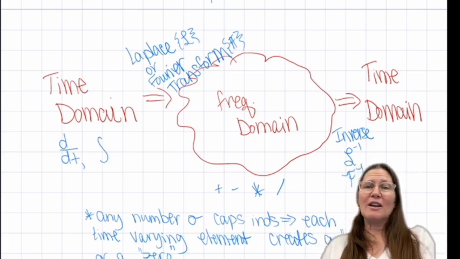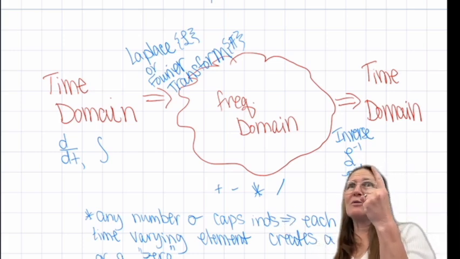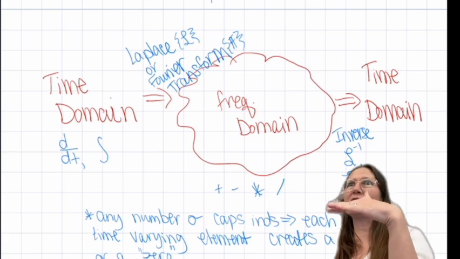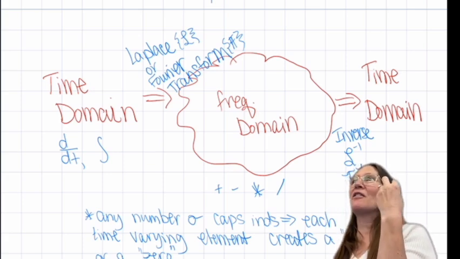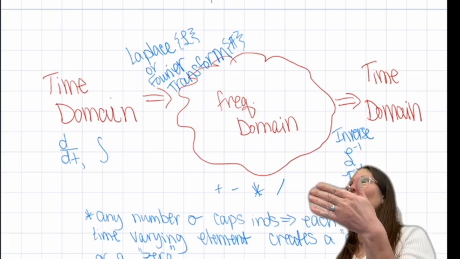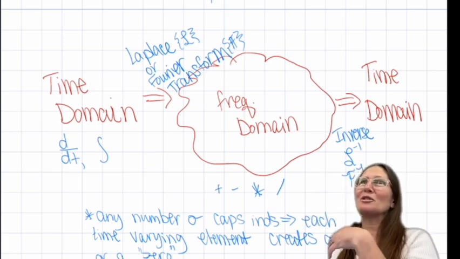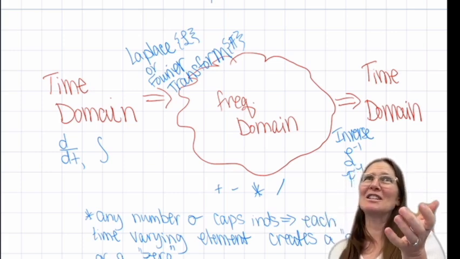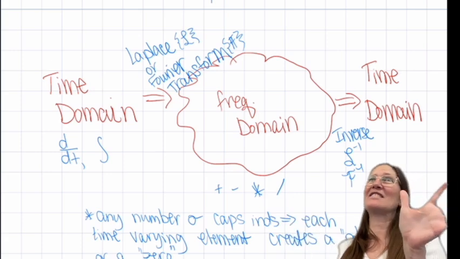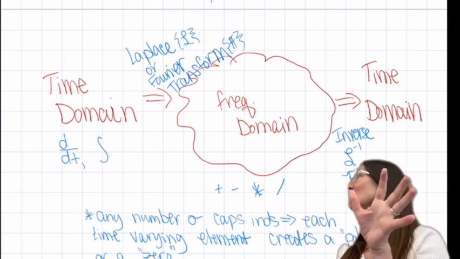For one element, we had one differential, remember? We had 1 d over dt. Every element that I have in a circuit would add in another differential, and I don't want to be solving a 6th order differential equation by hand for a circuit that may have like 6 of these components.